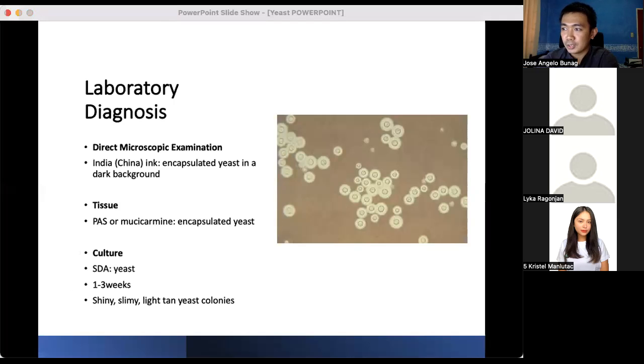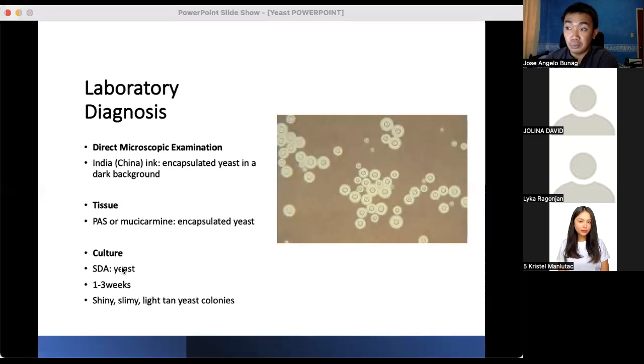Next, for your tissues, you could use periodic acid-Schiff or mucicarmine stain so that you may be able to see the encapsulated yeast. For culture, we could use Sabouraud dextrose agar for yeast.